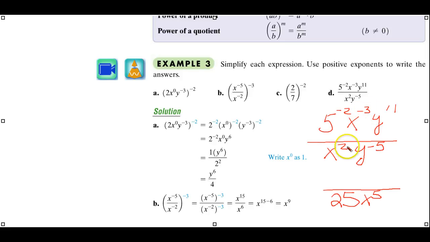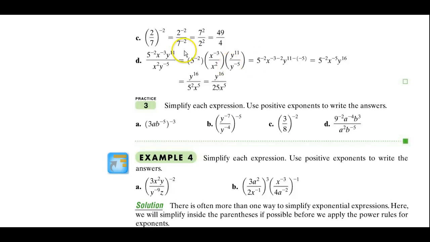So this will become a positive 3, and 3 plus 2 is 5. Now I'm going to bring my y up as a negative 5th, add it to 11, I get y to the 16th. Crossing this division bar, the negative 5 exponent becomes a positive 5. 5 plus 11, 16. Okay, and the book gives its explanation, and we got the same answers, didn't we?